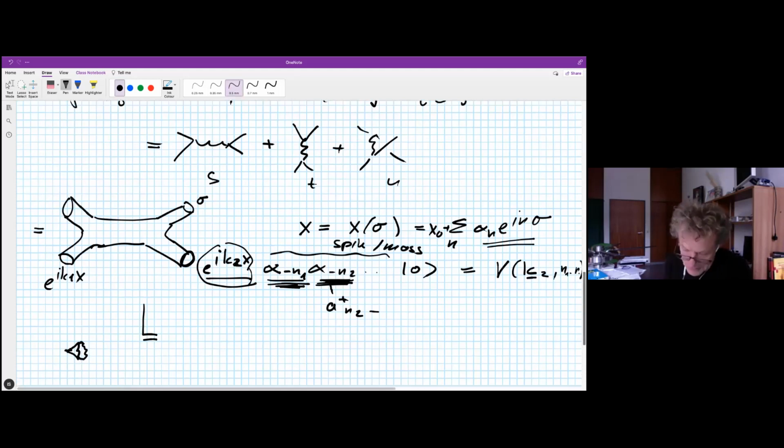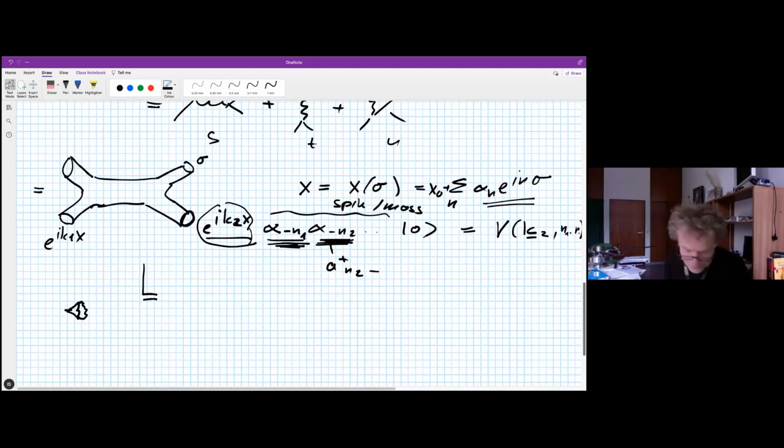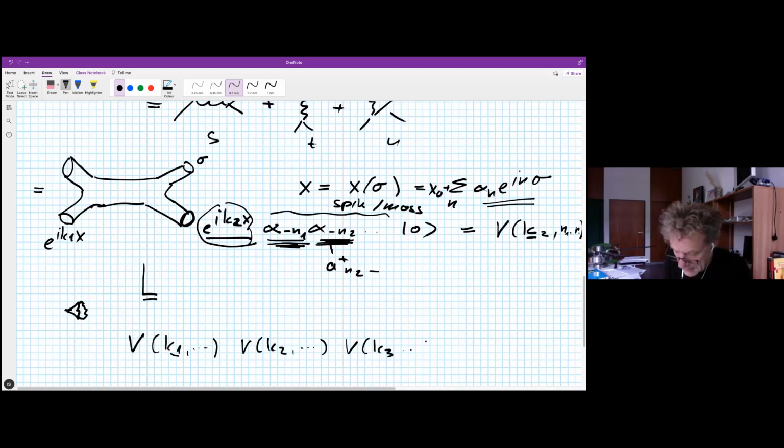So you take this vertex operator, V of K1, and let me write here all the other excitations, and then V of K2, and then another one, 3, and finally the 4th, which corresponds to the 4th particle.